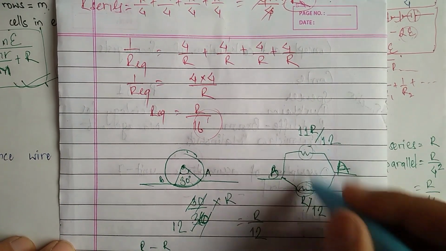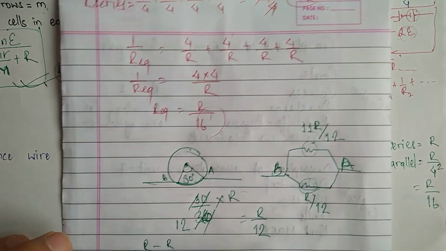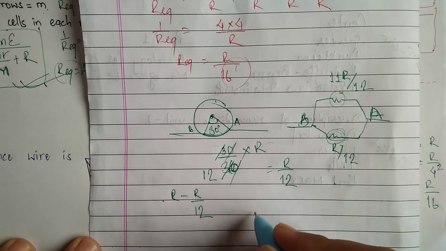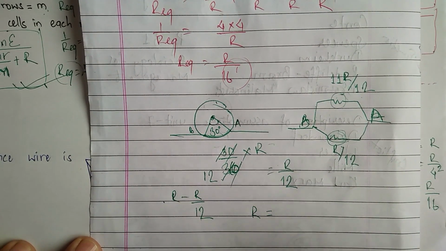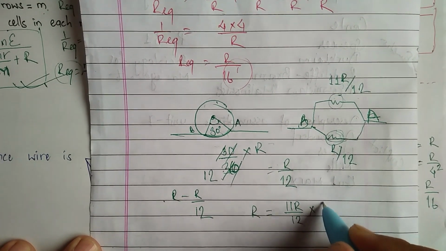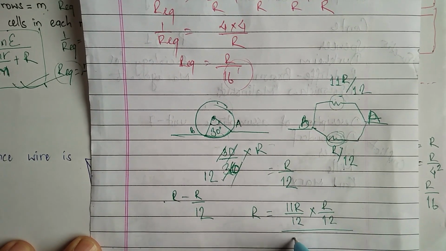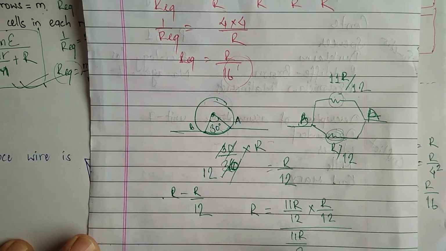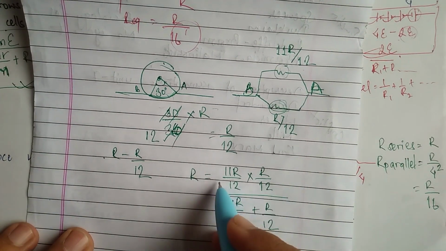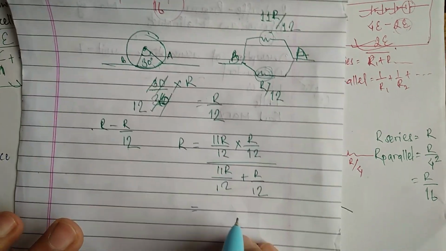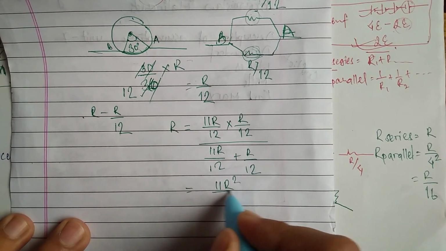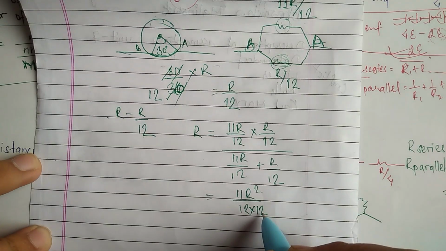So now, as they are in parallel, we have to find the required answer. R equals the product over the sum: R by 12 into 11R by 12, divided by 11R by 12 plus R by 12. If you multiply, it will be 11R square by 12 into 12.